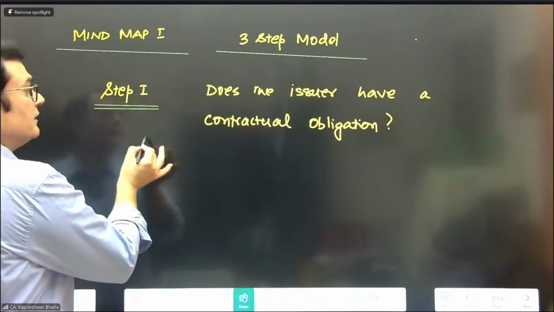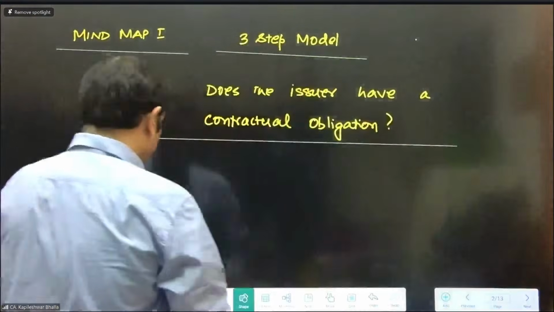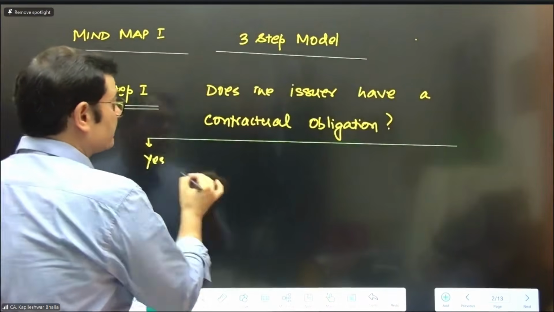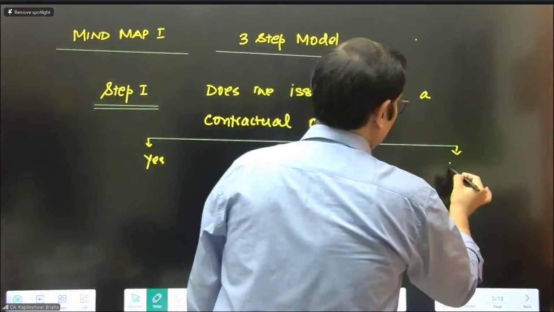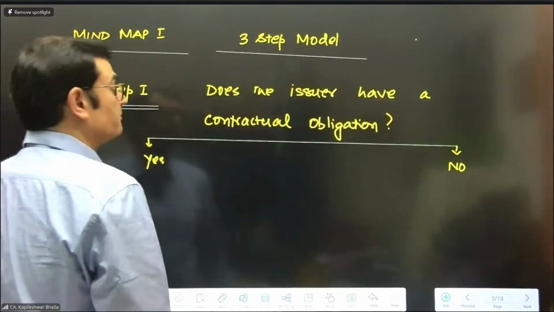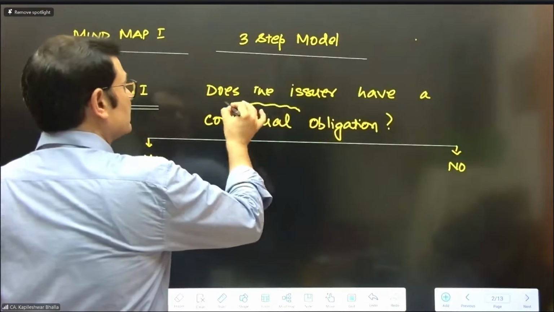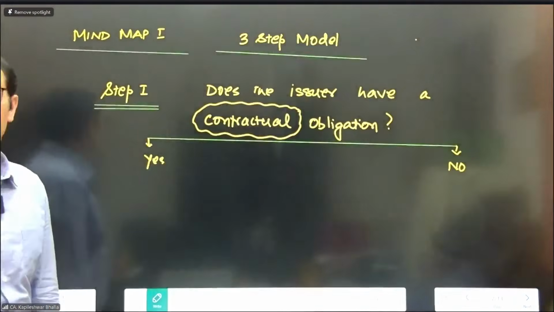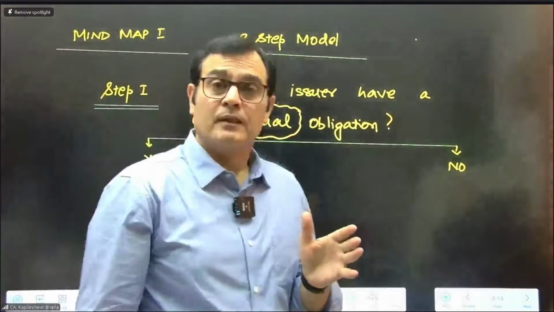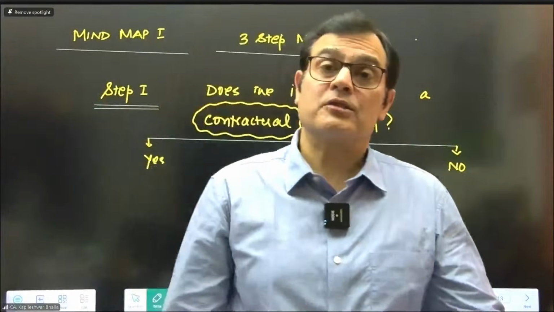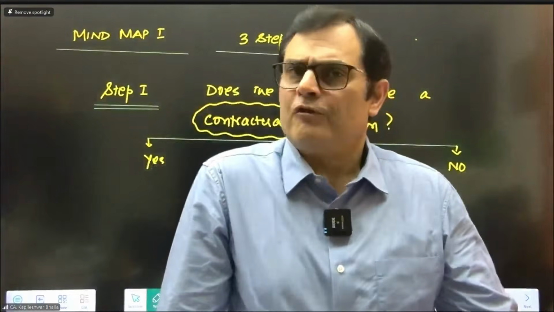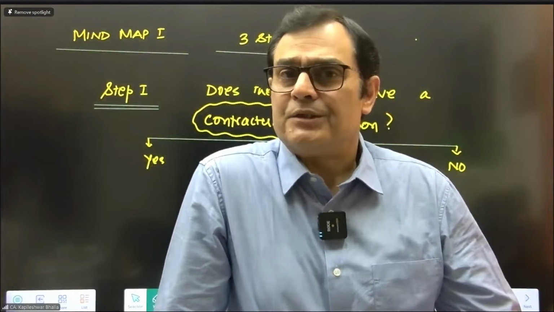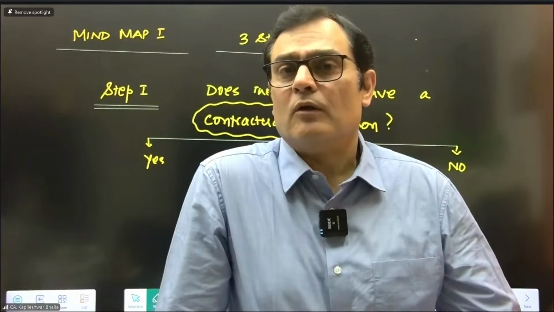When you say the issuer has a contractual obligation, there are two possibilities. Either we say yes, or we say no, there is no contractual obligation. The focus, of course, is on the word that the obligation has to be contractual in nature. To remind you, for example, a liability to pay taxes is not a contractual obligation.